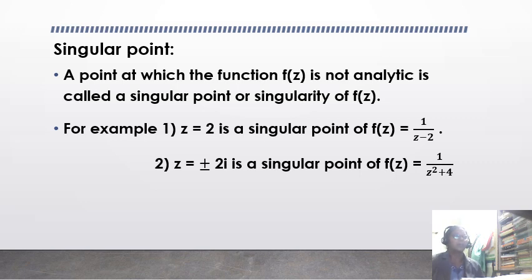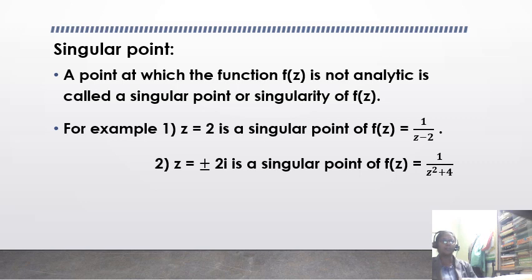Now singular point, what is meant by singular point? A point at which the function f of z is not analytic is called a singular point of f of z. For example, z equal to 2 is a singular point of f of z is equal to 1 by z minus 2.